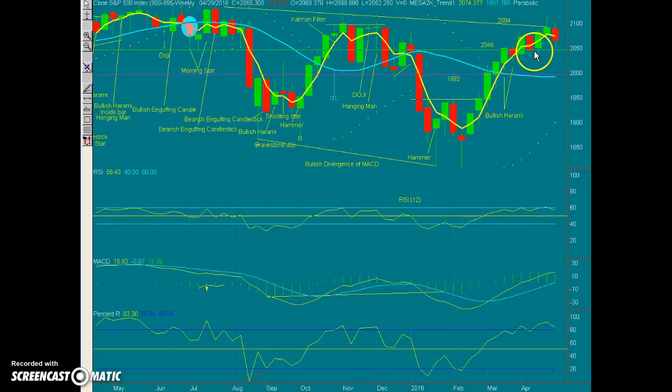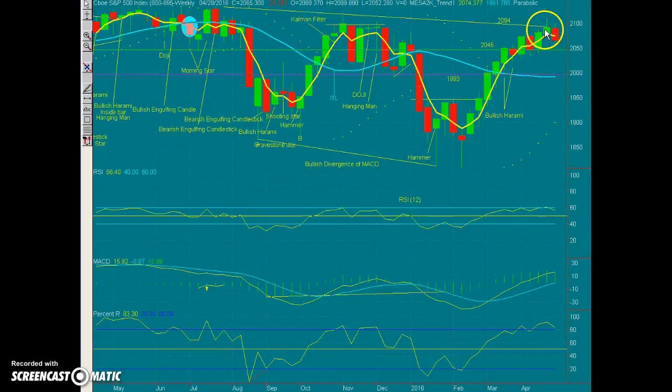However, we are still likely to see support at 2046. If we do, we can then consider this to be a consolidation period that we went through. That's if we are going to go higher, if we're going to break through this 2100 or so resistance level. So that, of course, we wait to determine.